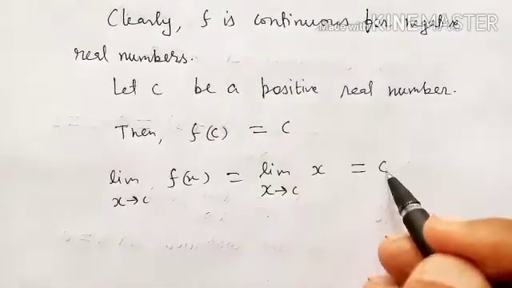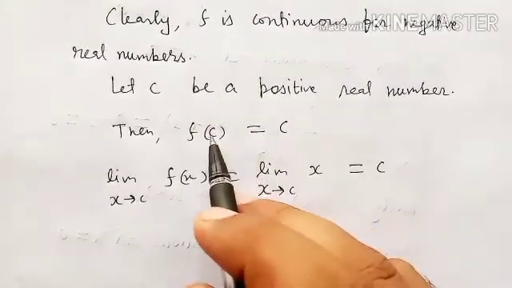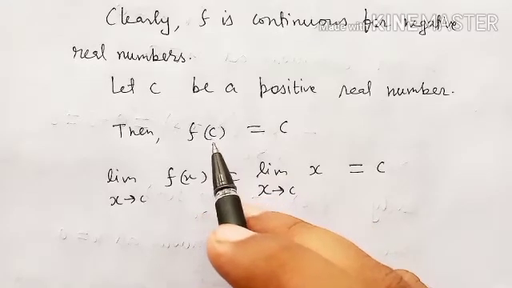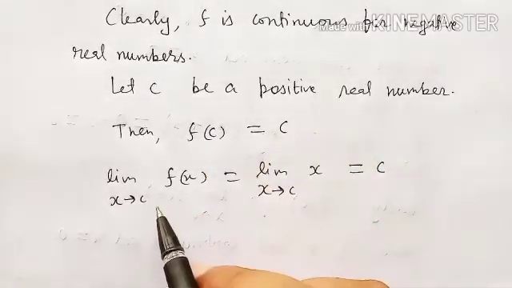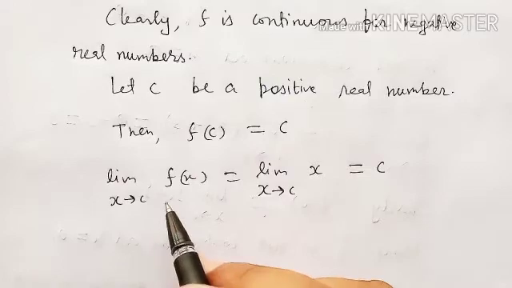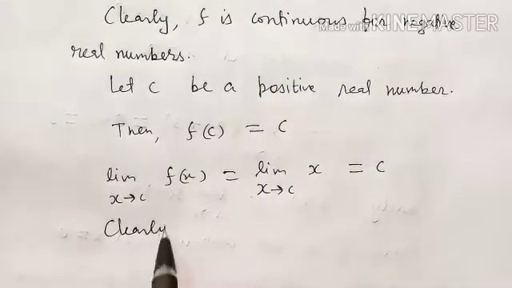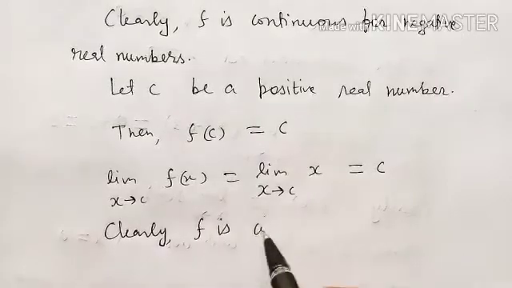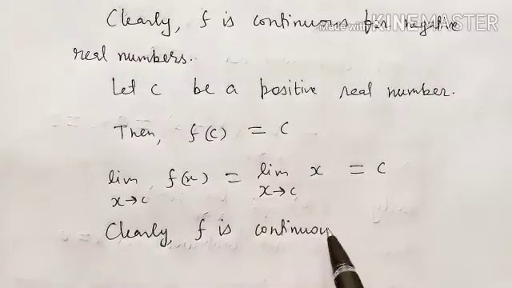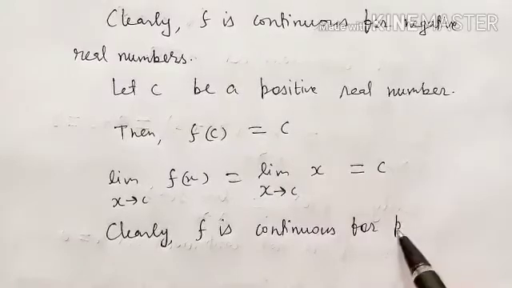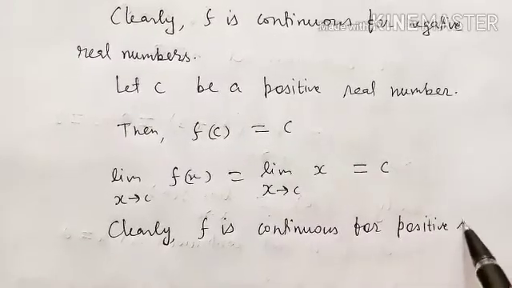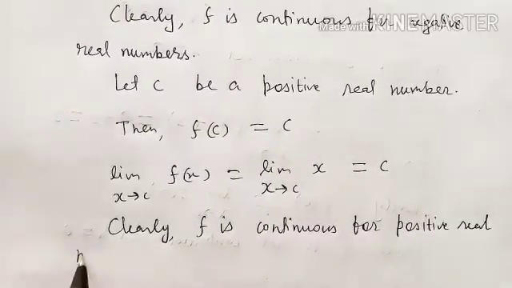So this is c. So the value of the function for a positive real number and the limiting value of the function at a positive real number are the same. So clearly f is continuous for positive real numbers.